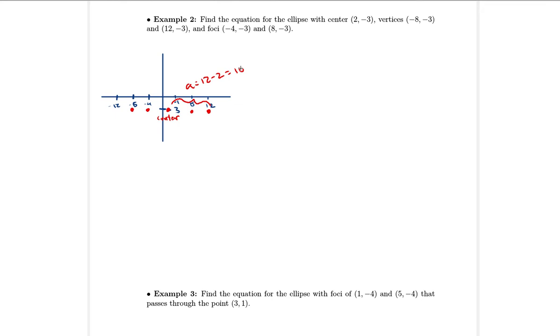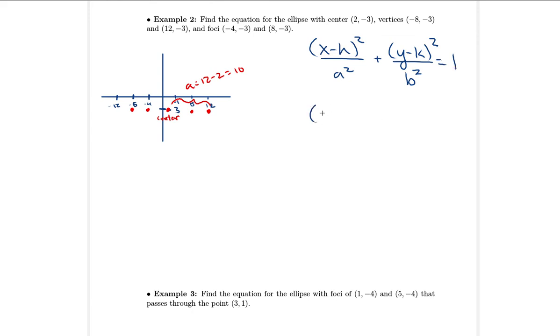So when thinking about this formula, remember what we're trying to make here. Notice that the major axis is horizontal, so that means I know that the A is with the X, the B is with the Y.